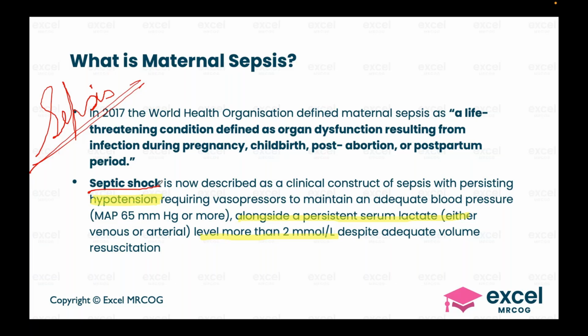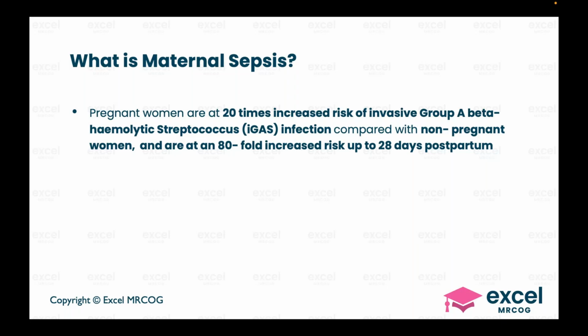Then, as per the latest guideline, it is said that pregnant women are at 20 times increased risk of group A streptococcal infection compared with non-pregnant women. So the problems associated with group A streptococcal infection are much more in pregnancy.